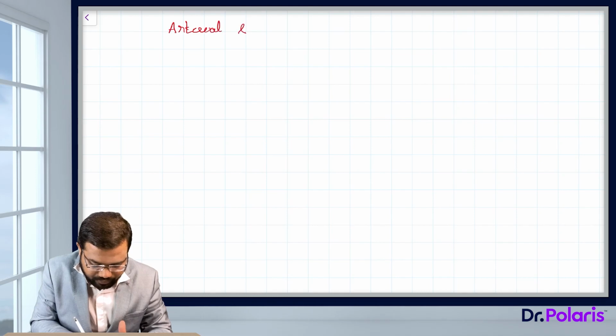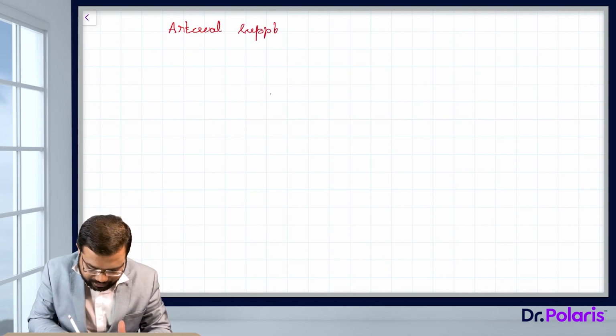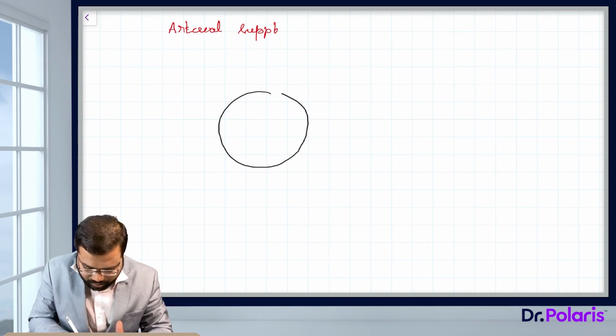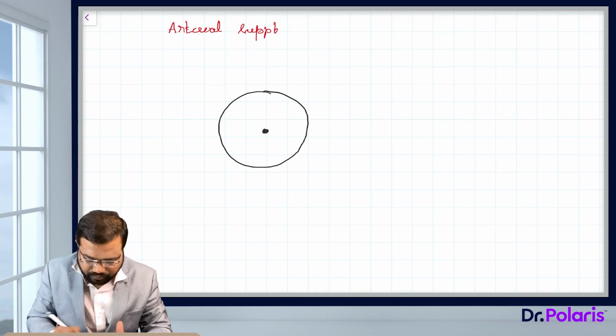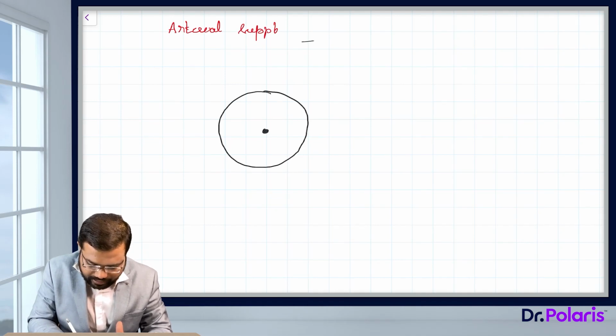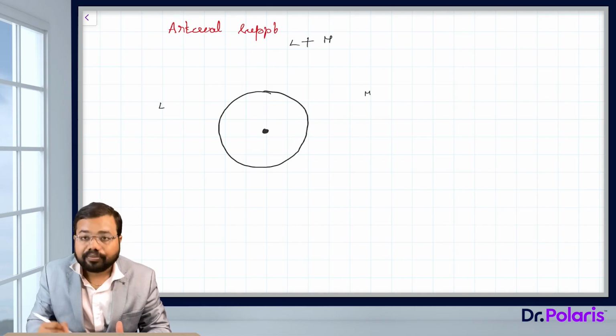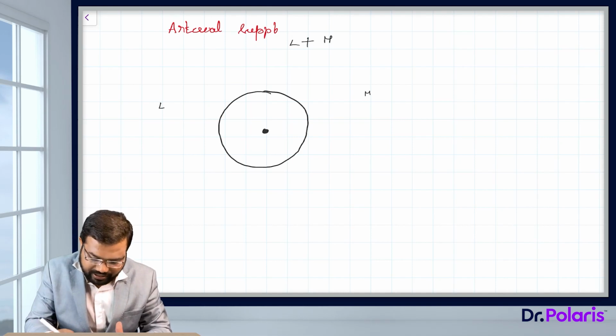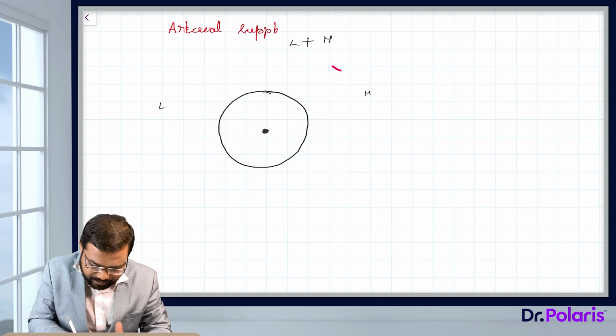Arterial supply. For the breast, let's imagine this is a breast with the nipple here, and this side is the medial and this side is the lateral. On the medial side, there is an artery coming from the subclavian artery.